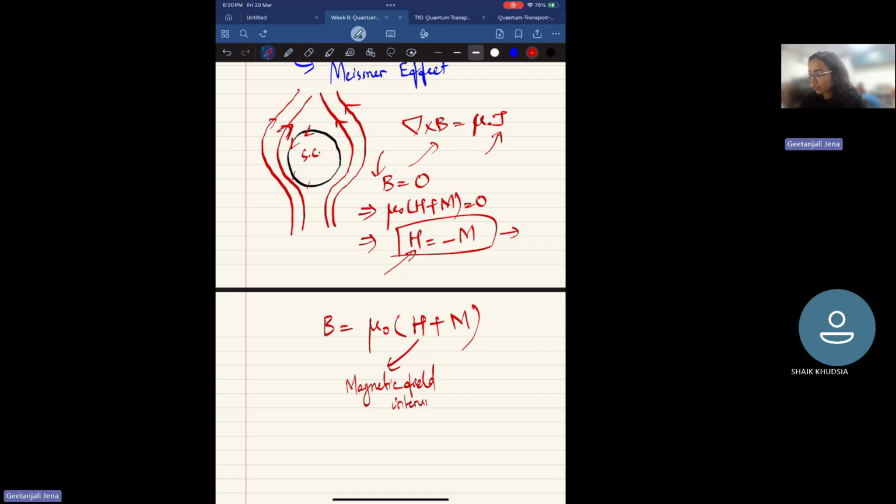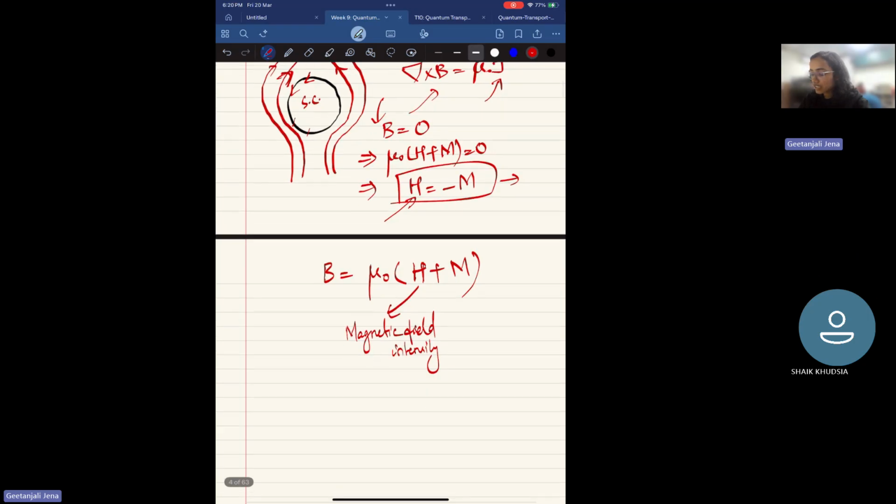This is the term for H, and the physical significance is that it is the response of a material to an external magnetic field, which we call B. Okay, and M is the magnetization.